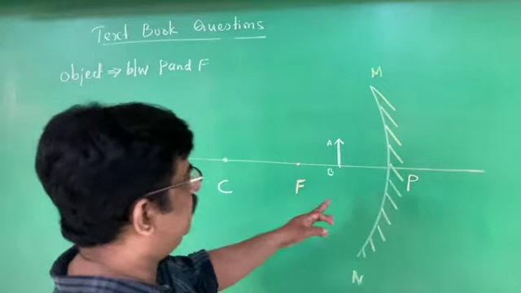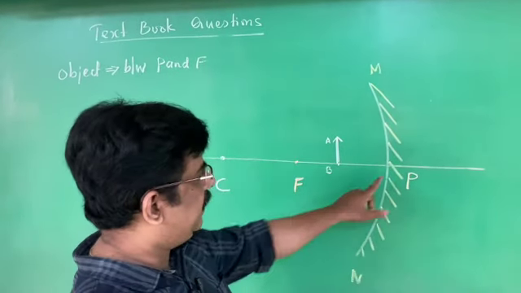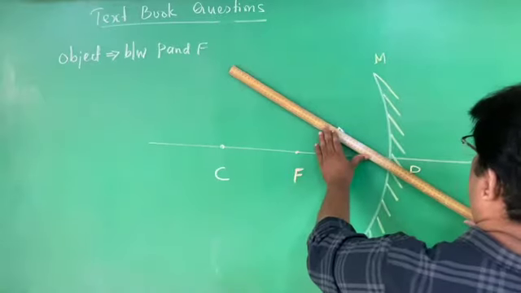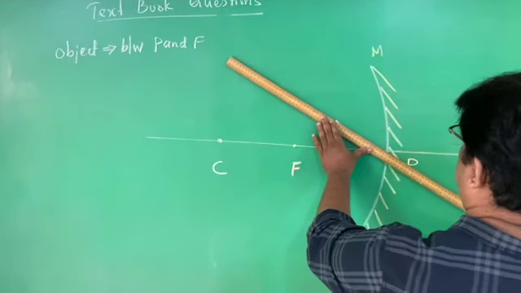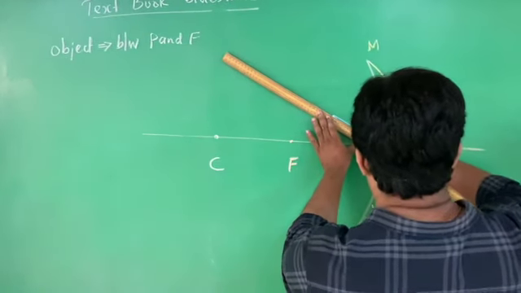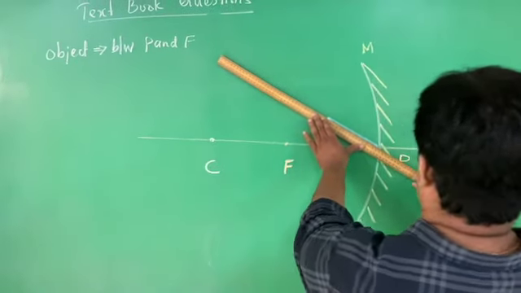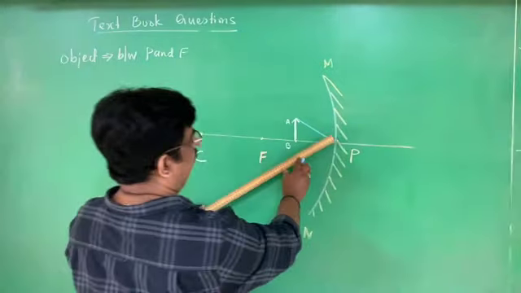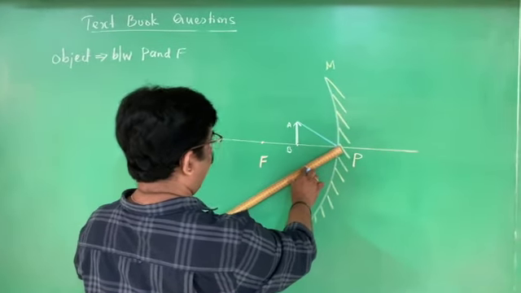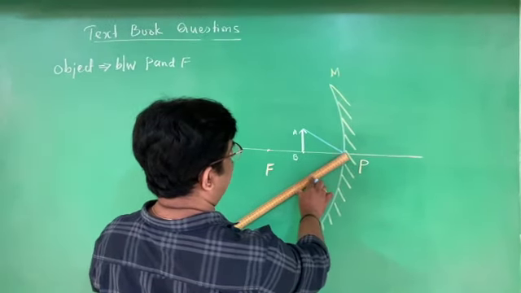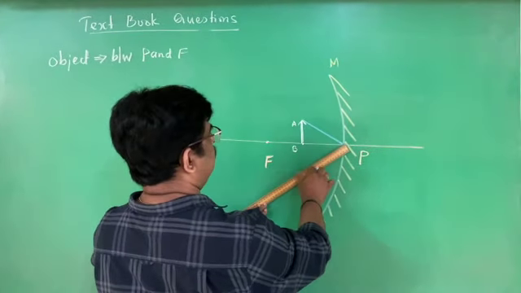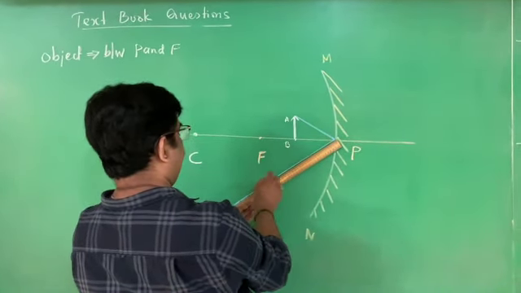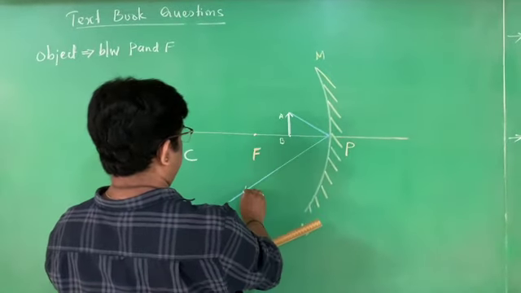One ray: since C and F are completed, we go to P. A ray of light coming from the object obliquely incident on the principal axis at the pole of the mirror, after reflection follows the law of reflection, that is, angle of incidence is equal to angle of reflection, like this.